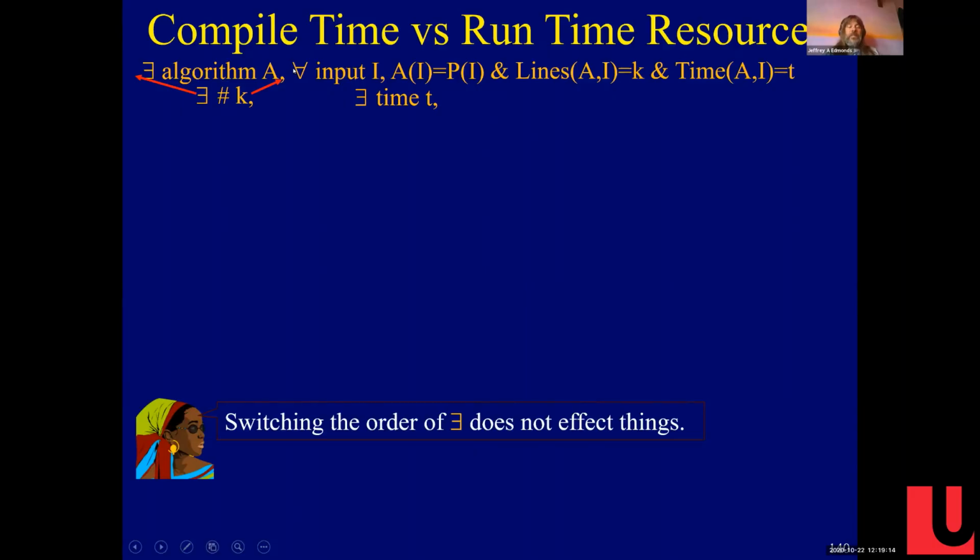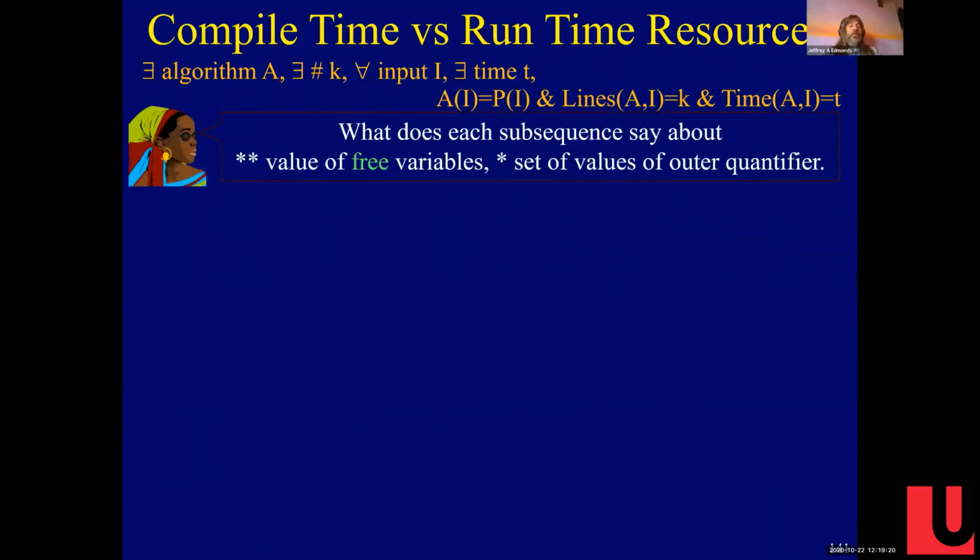Well, the truth is exists A, exists B is the same as exists B, exists A. It doesn't matter which order you put them in. So here's our sentence. We're going to say there exists an algorithm, there exists a K, so that for all input, there exists some running time such that you've solved the problem on that input. The number of lines is K, and the running time is T.